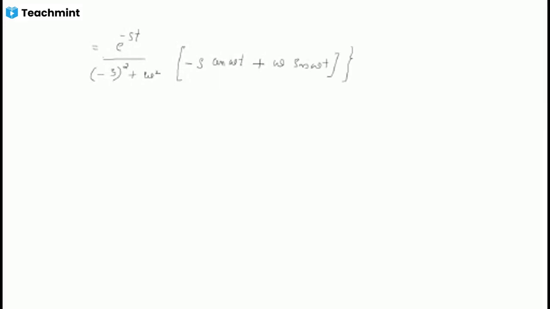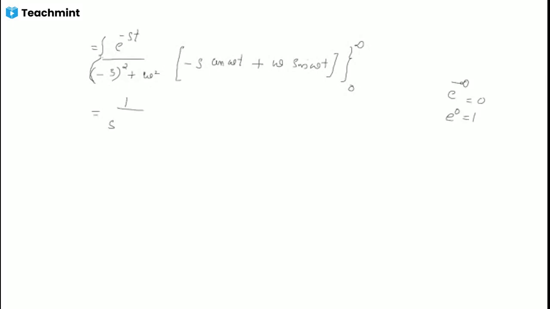The limit varies from 0 to infinity. Upper limit is 0, since e raised to minus infinity is 0. Lower limit e raised to 0 is 1 by s square plus omega square. Here lower limit minus minus plus s, cos 0 is 1, sin 0 is 0. So we get s by s square plus omega square.